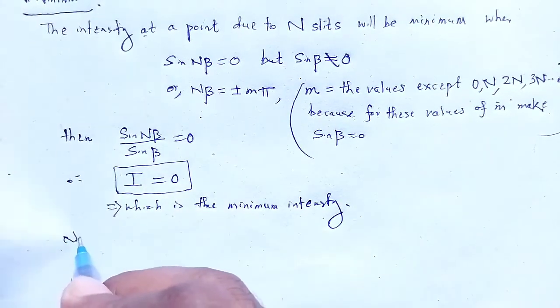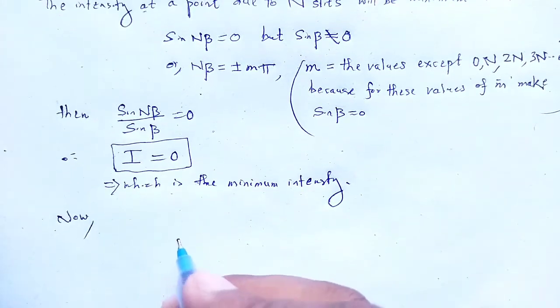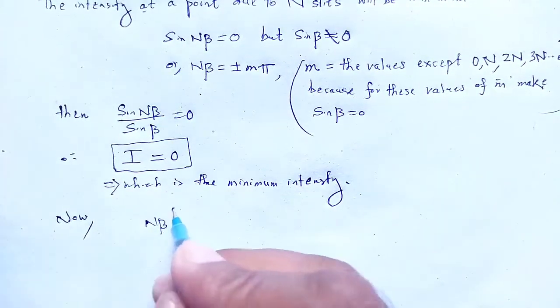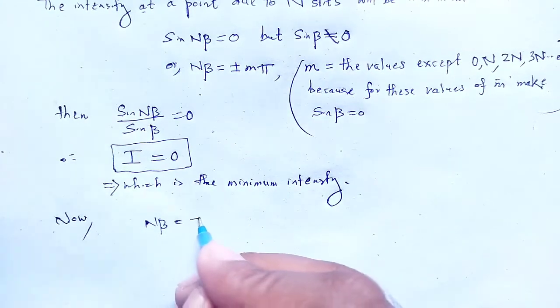Now, the condition for minima can be calculated. N beta is equal to plus minus m pi.